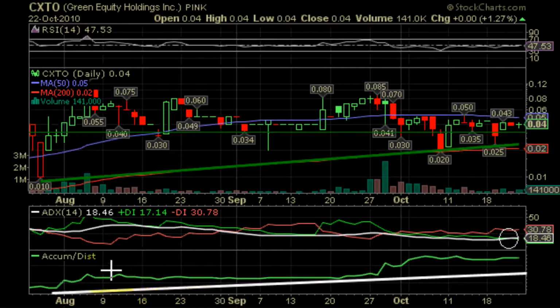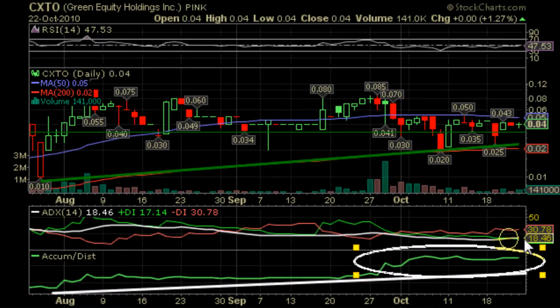It was a bit stagnant in the month of September, but in October it's really taken off. In fact, there was more accumulation as the stock managed to fall and started to trade sideways here. So it's a good thing to note that we do have accumulation, and you always want to see accumulation when considering entering an equity, especially a penny stock.